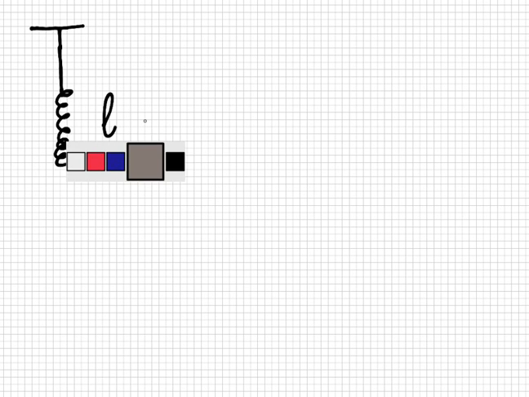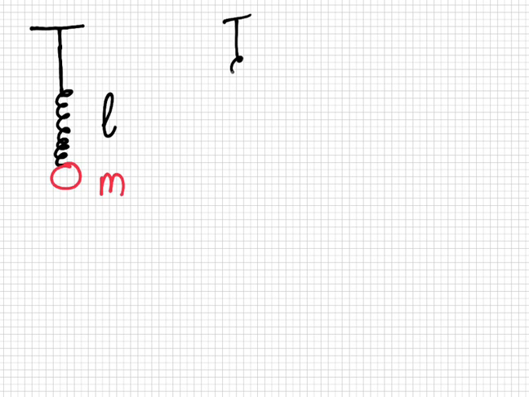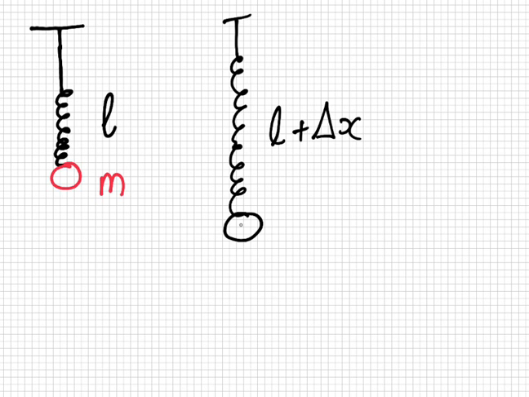Then what you do is you put a mass m here. So what should happen when you put the mass on it? Well, then it will stretch down. Its length becomes L plus delta x, and here is the m. It's moved down delta x.